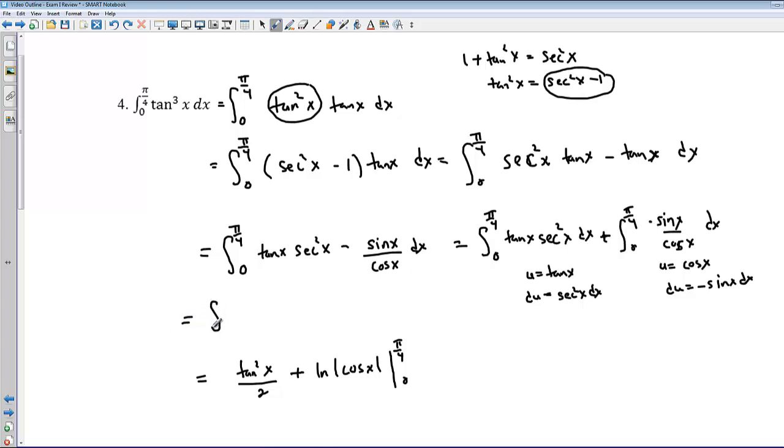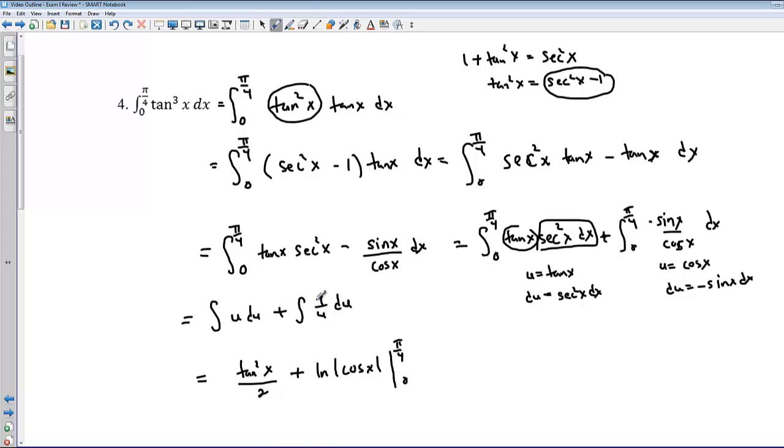I'm going to get the integral. This is going to be my u, and this is going to be my du. So I have basically just u du, and then plus, and then this one, I'm going to have my u on the bottom, and then my du on top. So then I have the integral of 1 over u du.